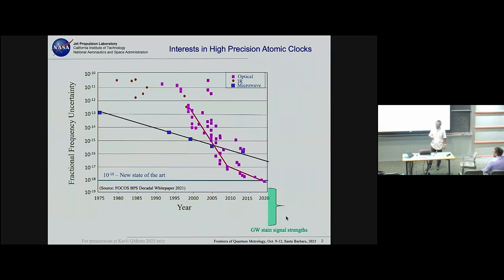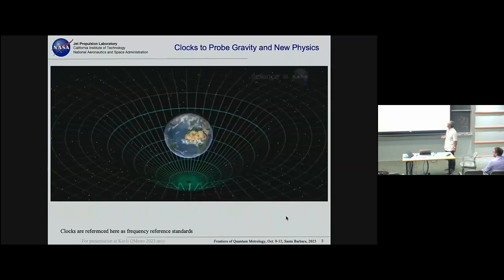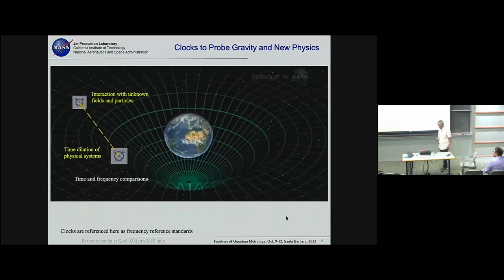I want to step back a little bit. What exactly is a clock good for in terms of gravity measurement? Again, from my perspective, you have a space-time gravity field here. Often the clock used for gravity tests is time dilation as predicted by general relativity.